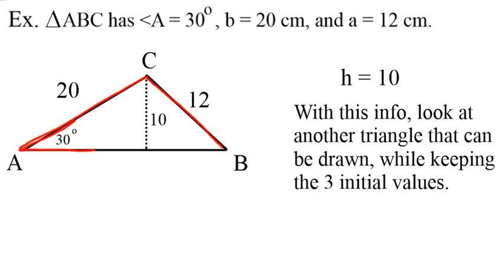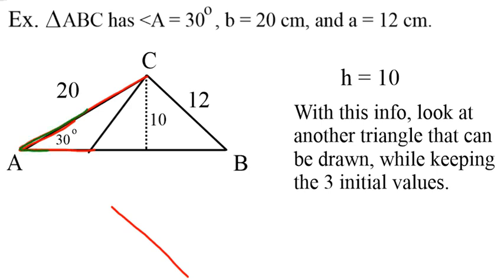But I can actually take this 12 and, instead of putting it over there, because it's longer than our 10, drag it over to here. And I still have all the right stuff for this triangle.